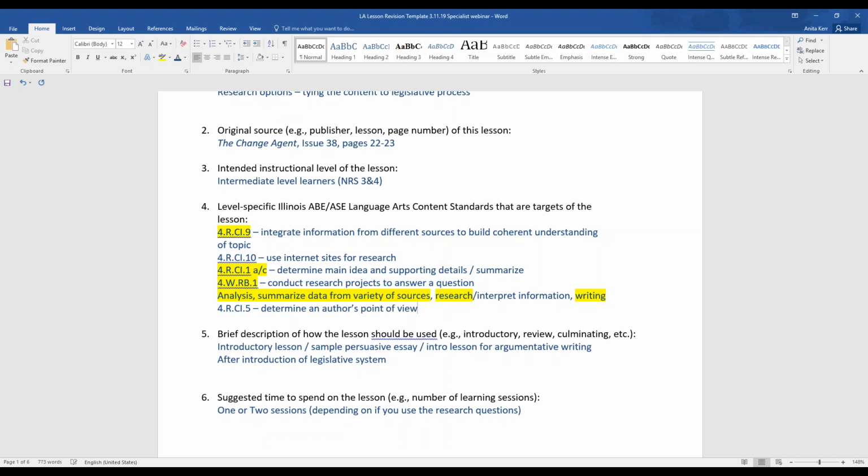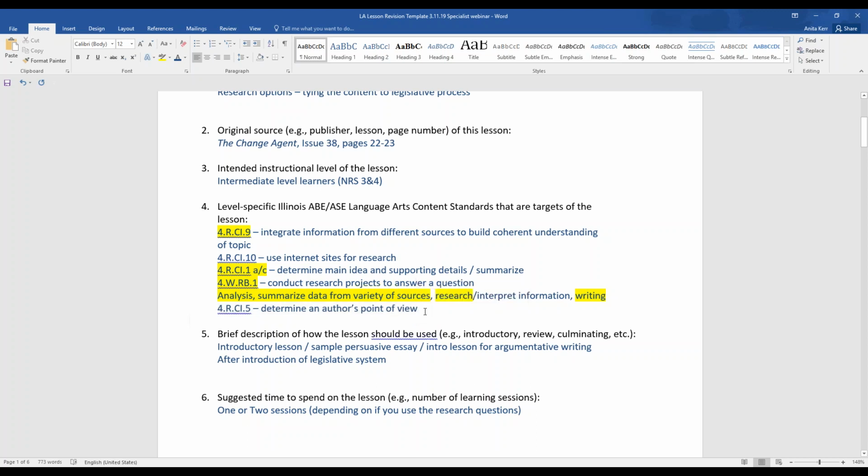If you wanted to take a real approach of, this is a very one-sided presentation of an issue, let's look at the other side, and you were going to bring in maybe a different article or a different cartoon that presented the other side, you could really hit 4RCI5 to talk about how the 2 authors' points of view differ.